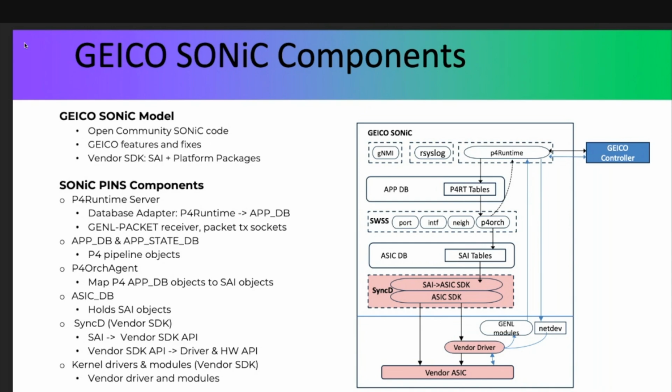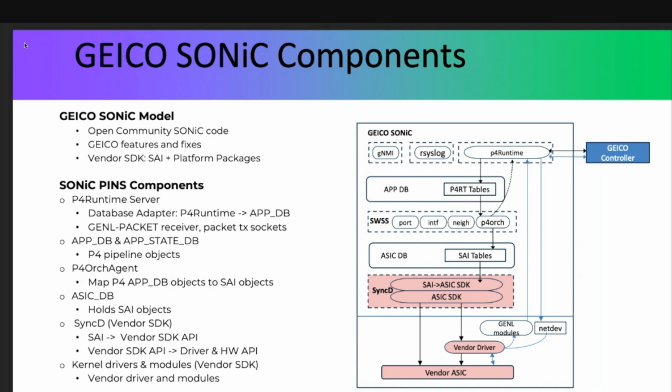It also has a component listening to the GENL packet family messages, which are to be sent to the GEICO controller. Also, it is able to get the packet IO messages from the GEICO controller through P4 runtime, and transmit packets through the NetDevs. That's largely the function of the P4 runtime server.